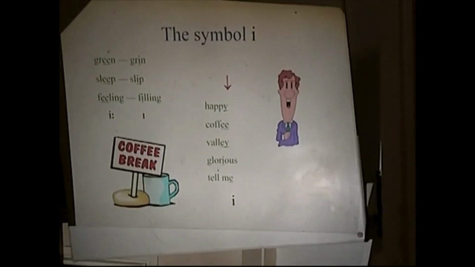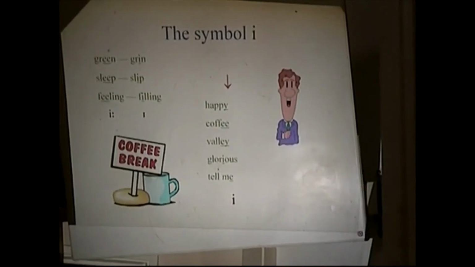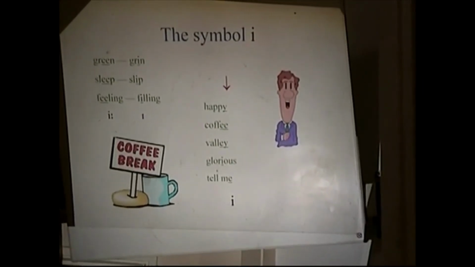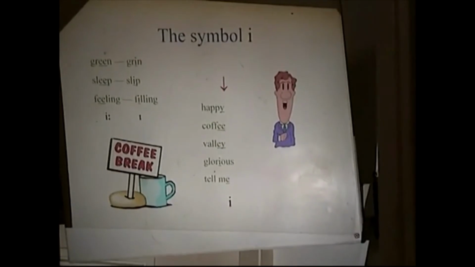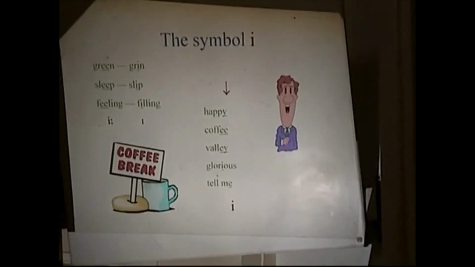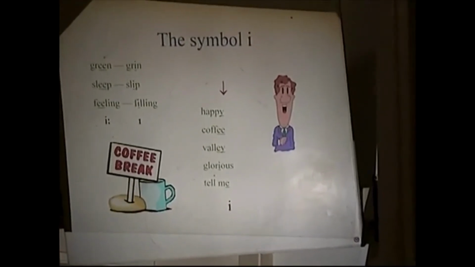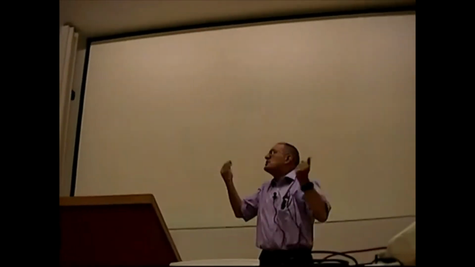So whether you say "happy", or "happy", or something in between, we're not interested. We speak then of a neutralization of this opposition, the suspension of the contrast that would otherwise be made. And it applies at the end of happy, coffee, valley, words of that type, city, and so on.